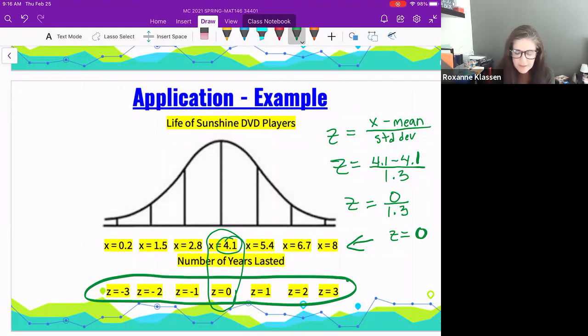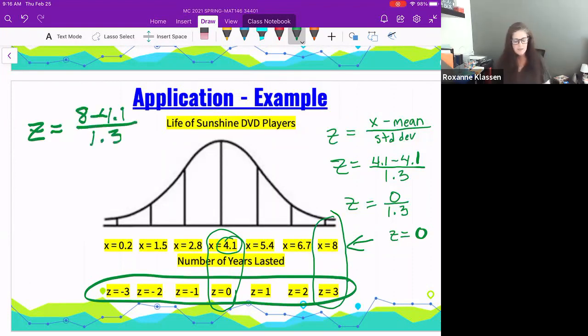You could do the same, like if we go way up here with 8, just to make sure we're understanding what's happening, we could find our z-score of 8. We would do 8 minus 4.1 divided by 1.3. And you can try that on your calculators and make sure you're careful if you need parentheses or whatever.